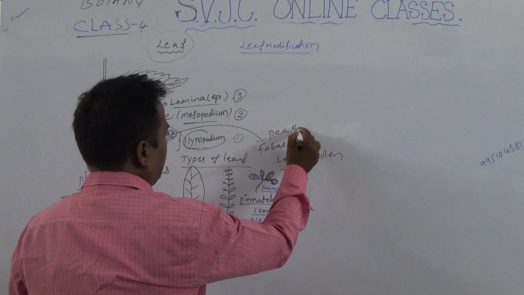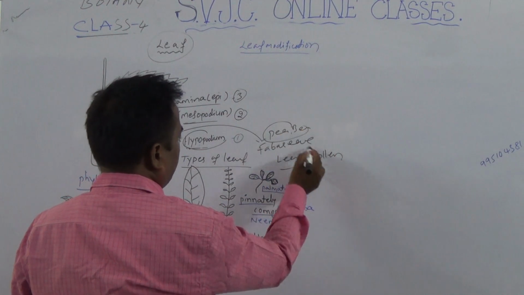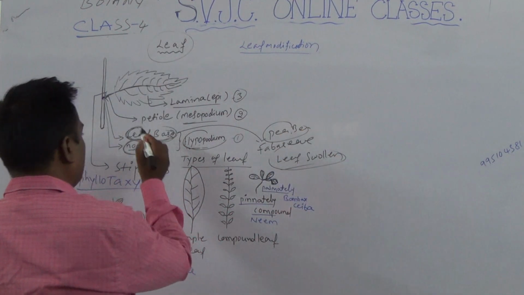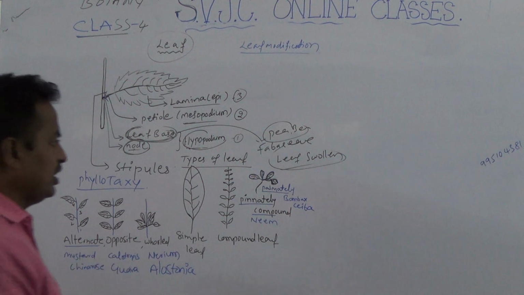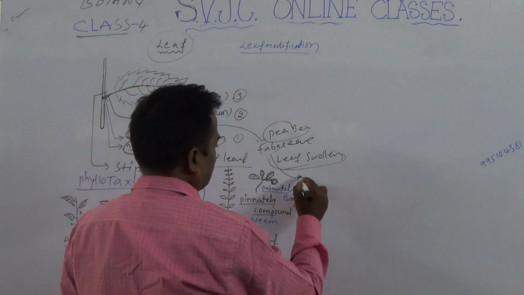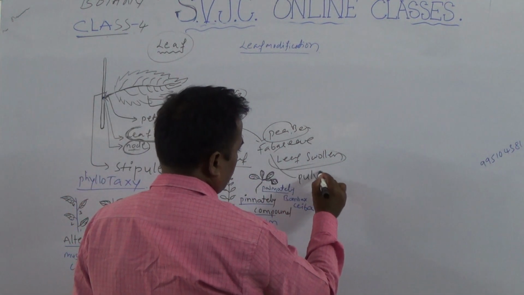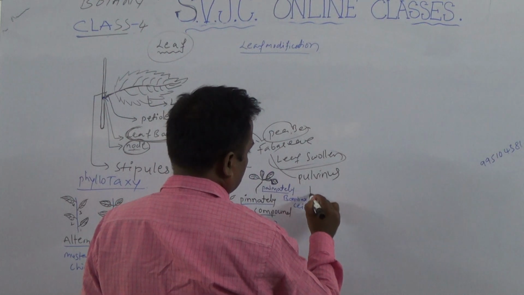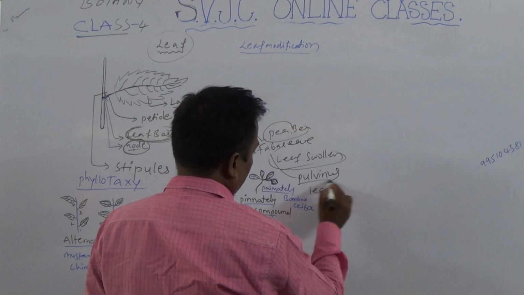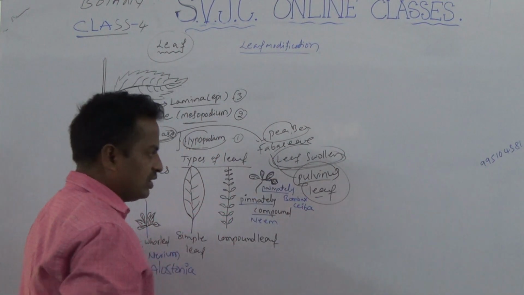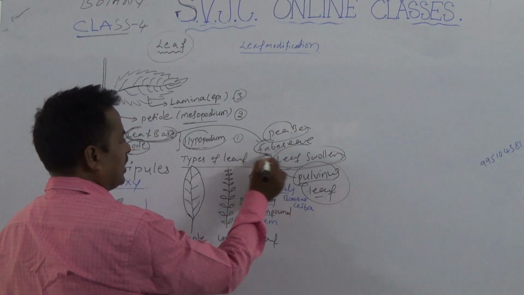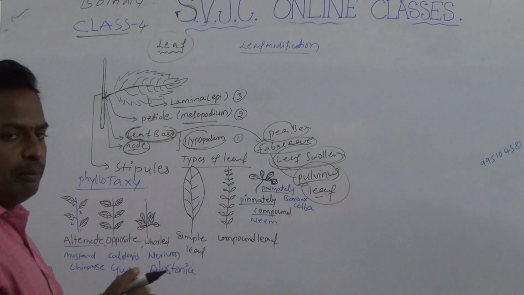This type of swollen leaf base is reported in the Fabaceae family. It is a very important character of the Fabaceae family. Swollen leaf base is nothing but pulvinus leaf base. So what is pulvinus leaf base? A swollen leaf base is also called pulvinus leaf base. It is one of the important characters of Fabaceae family members.